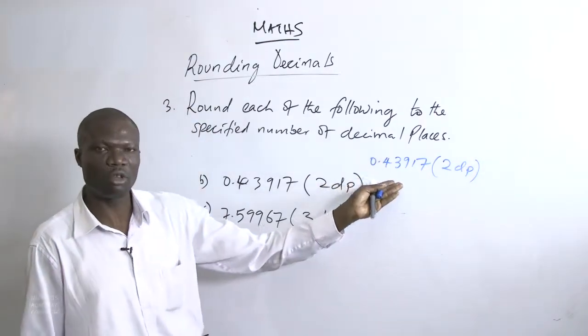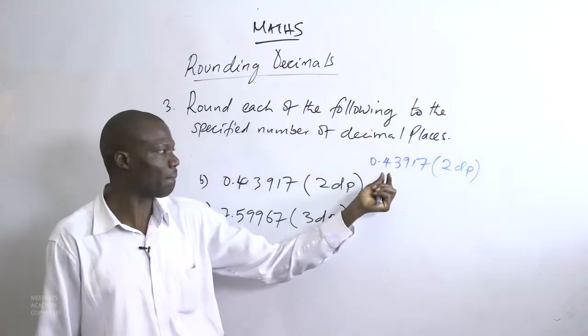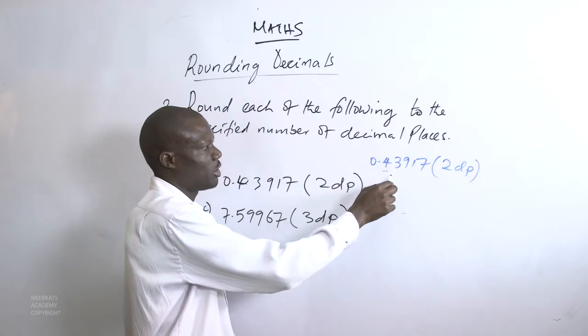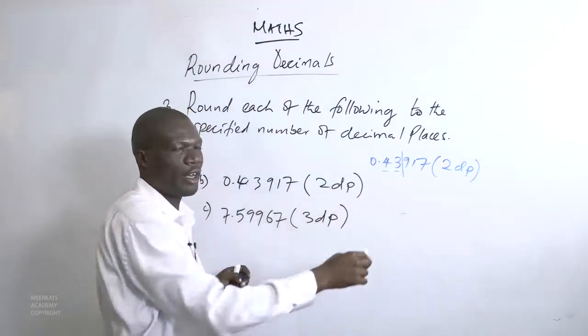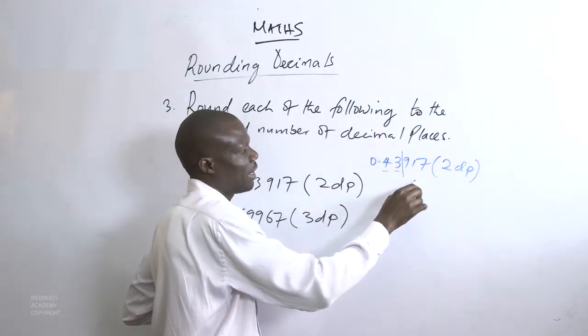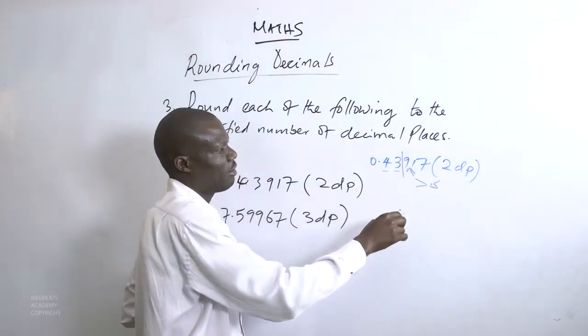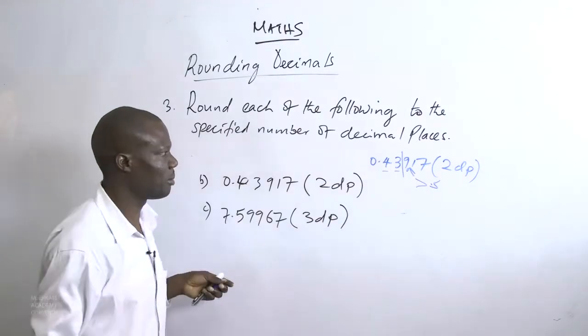Now, as usual, the number of decimal places should be counted right from the decimal point. So we shall count: the first decimal place is 4, the second is 3. We bring in our line and look at the critical digit. Our critical digit is 9, and 9 is greater than 5, which implies that we shall round off 3 upwards by 1.